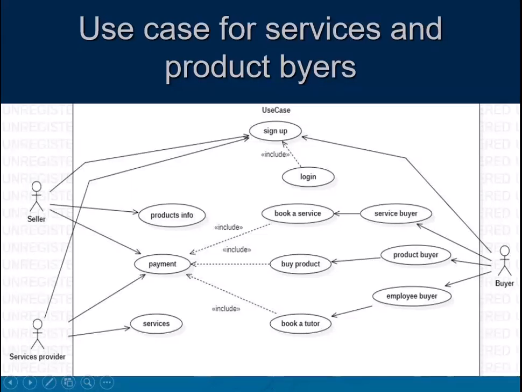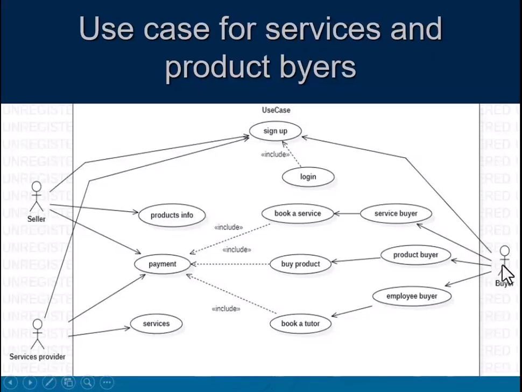For example, if we talk about the service provider, what will be the charge of that person per hour, per month, per week? So the detail will be entered. And the service provider will also, like the seller enters the products, enter the services detail and timing, etc.